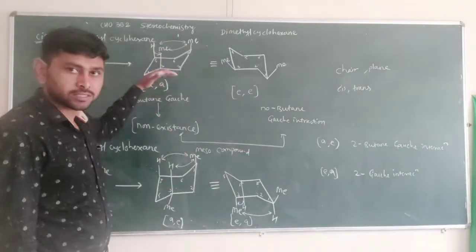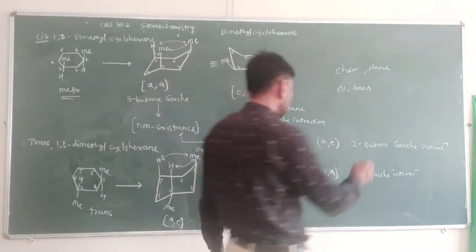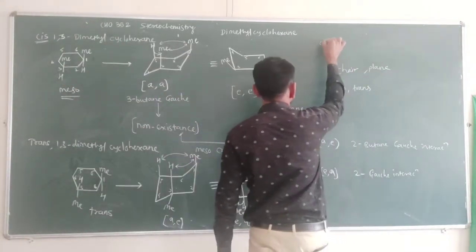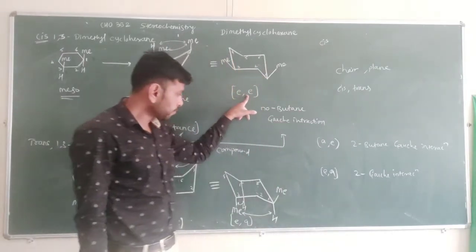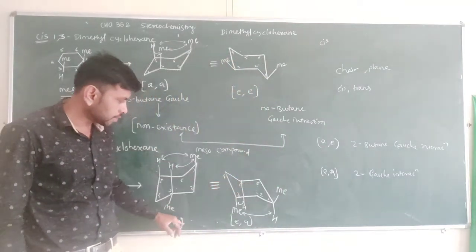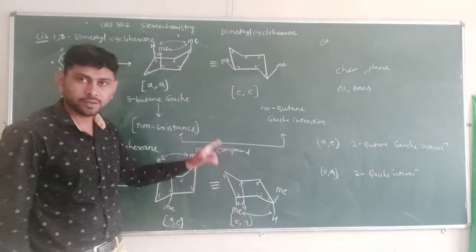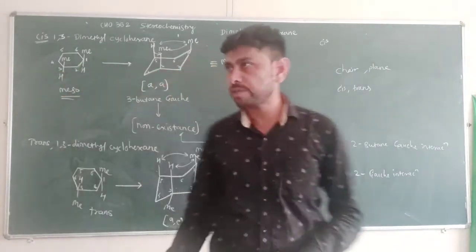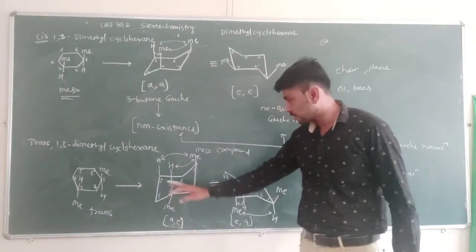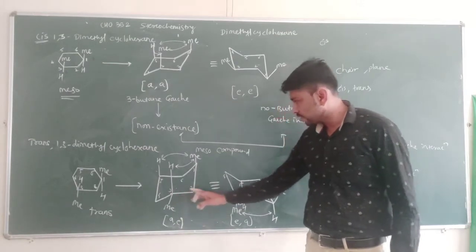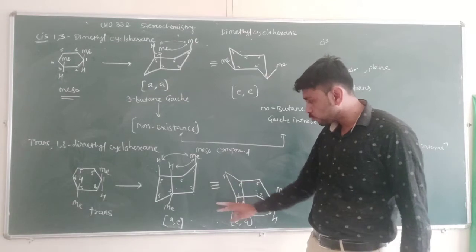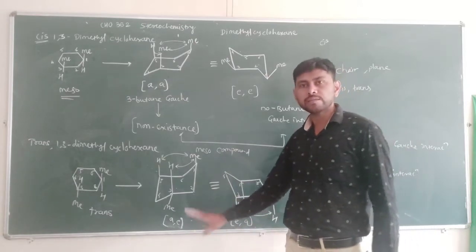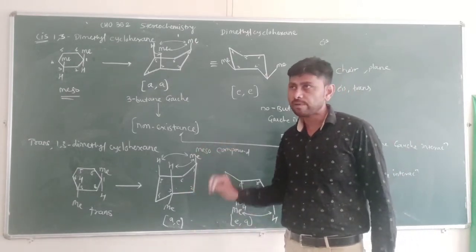And if you look at the cis and trans forms, then in the cis form a di-equatorial form is there, and here both the forms are axial equatorial and equatorial axial. Means in the trans isomer, in both chair conformations one of the methyls is axial, so the stability decreases.